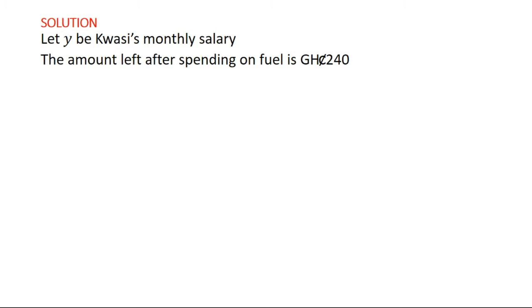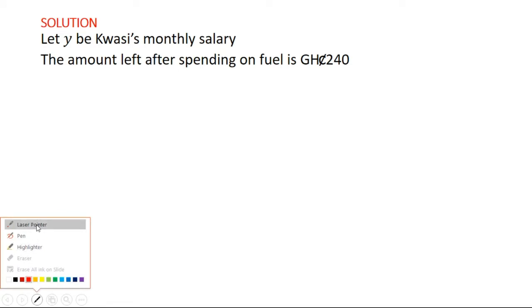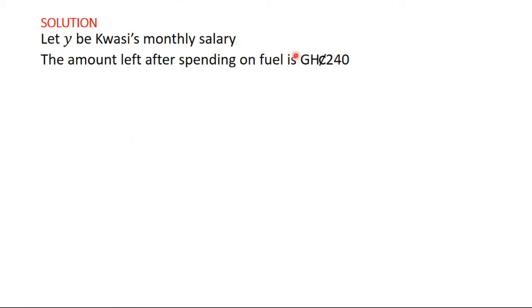Since this is in terms of actual money, we need to find the amount left after spending on fuel in terms of fractions so that we can equate that to the amount of money left after spending on fuel in terms of actual money.